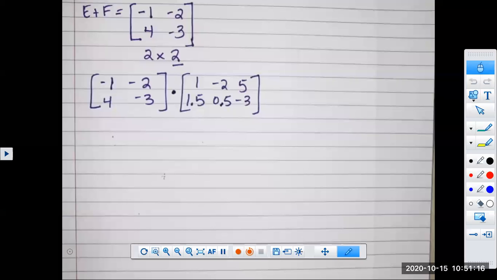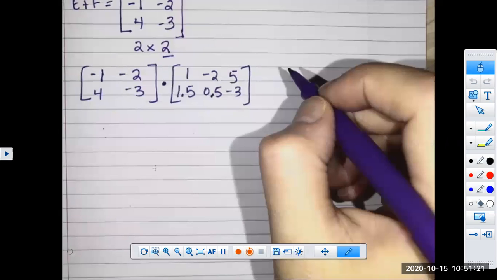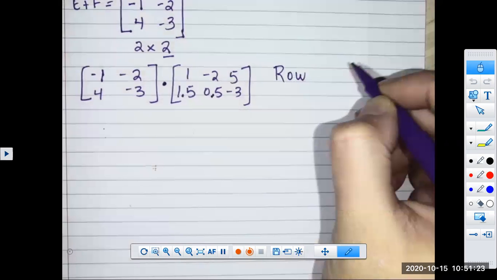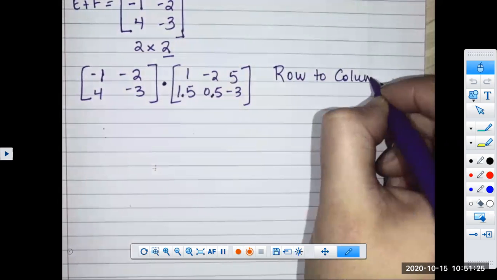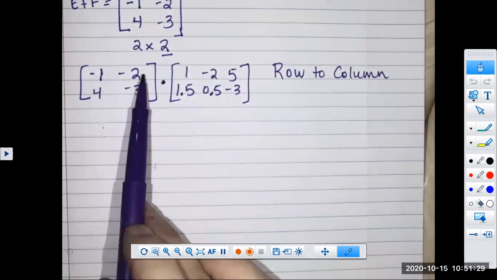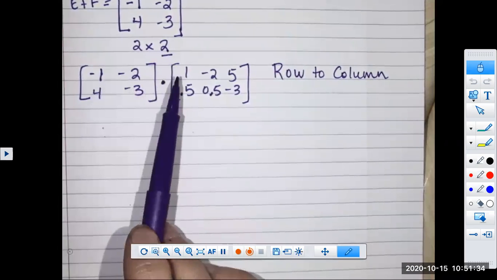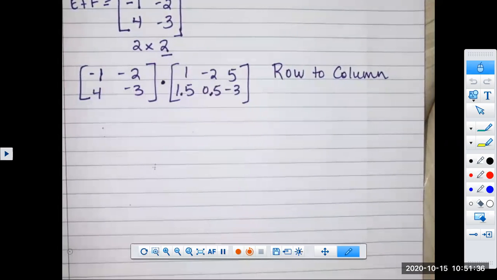All right. So when you're multiplying matrices, be very, very careful. You have to do it row to column or row by column. So what that means is you're going to take this row of numbers and you're going to multiply it to all 3 columns.